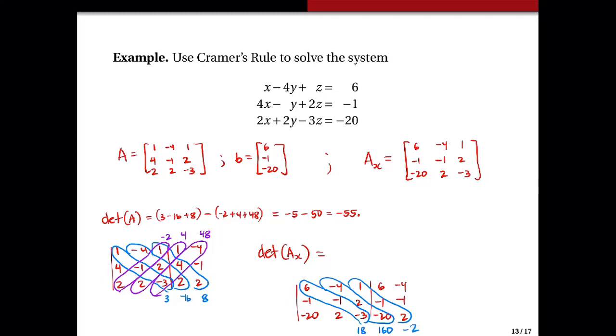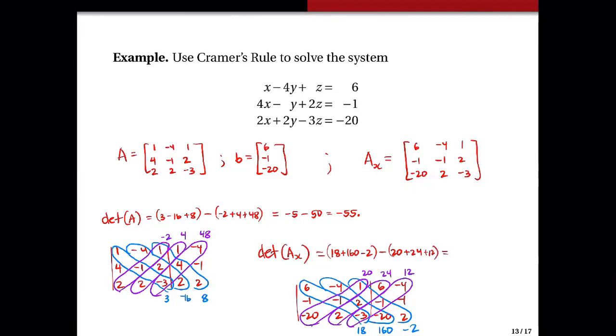And then for the going up, we have negative 20, or it's positive 20. And then we have 24 in here, and then we have 12 in here. So the determinant of A sub x, that's 18 plus 160 minus 2 minus quantity 20 plus 24 plus 12.